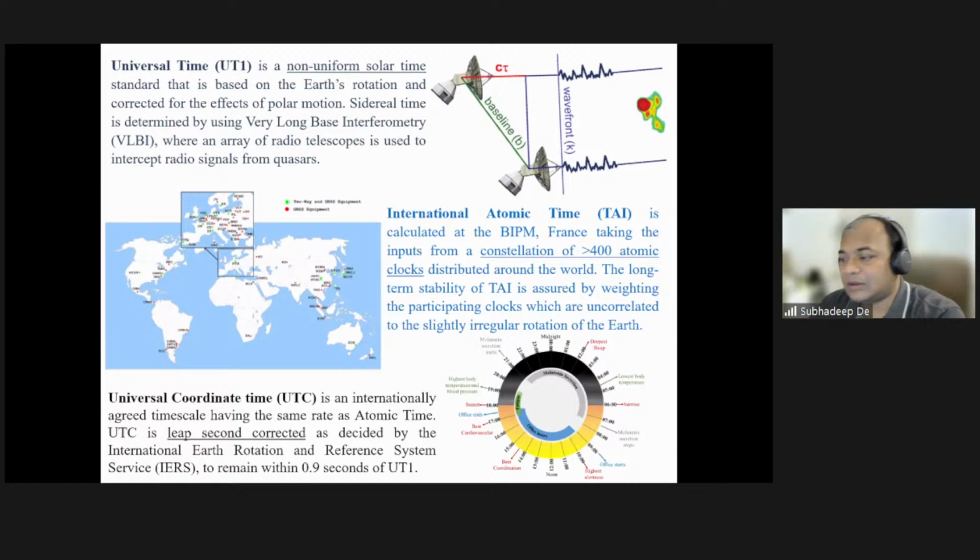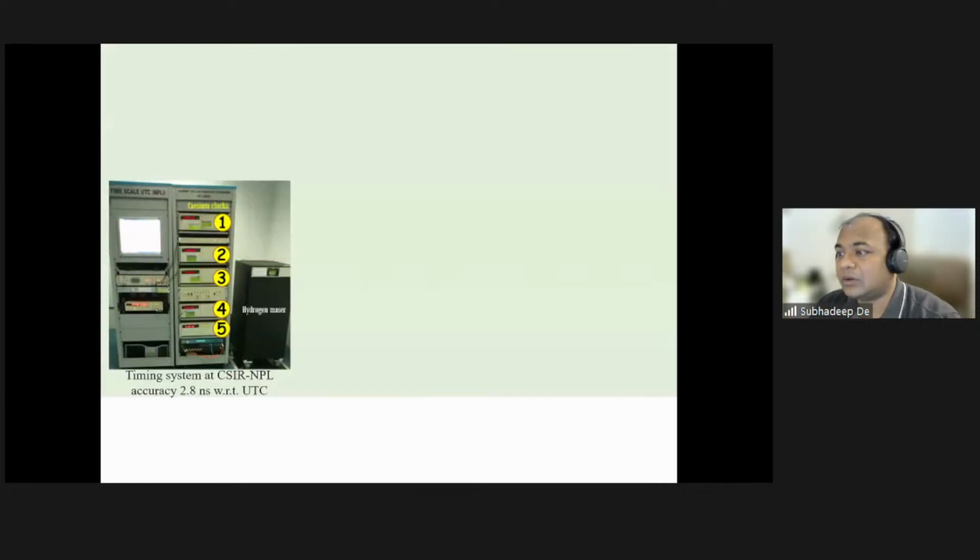That's called leap second correction, and that's how UTC, Universal Coordinated Time, is created from the atomic time. So nowadays we do the timekeeping at the international level from the atomic clock, but that is synchronized to the solar time using this entire complex technique. Okay, so now we know what is UTC, Universal Coordinated Time, how it is maintained by the atomic clocks, and how it is synchronized to the solar time.